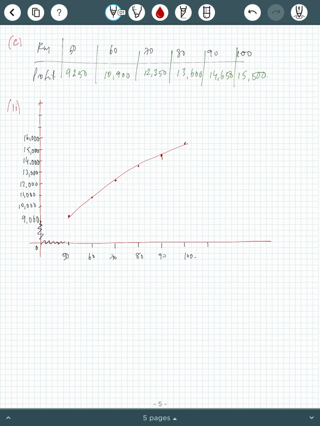Now, it says use a graph to estimate the lower and upper range of sales in kilometres of sale in order to make a profit of between 10,000 and 14,000 in a particular week. Show your workings on the graph. So what do you do there? You're looking at sales, so from a profit of 10,000 to 14,000.